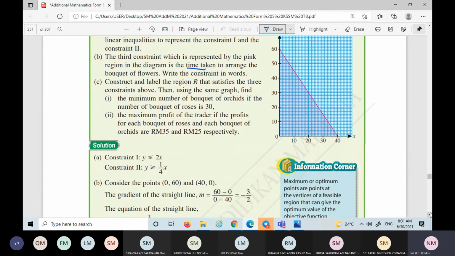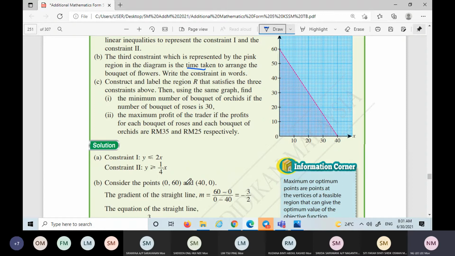Okay, you can discuss with me. I can see this part has a mistake. First of all, we want to find the equation of this pink line. How to find the equation? We use the gradient and then the y-intercept, so we write y equals mx plus c.